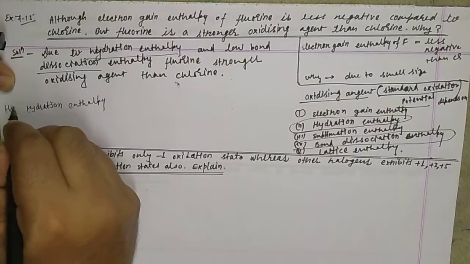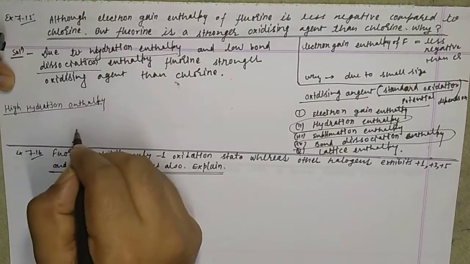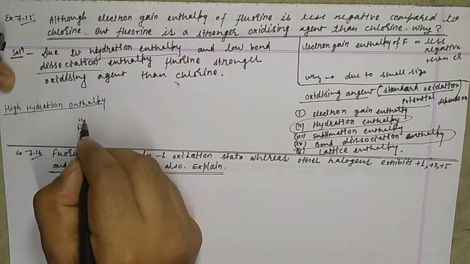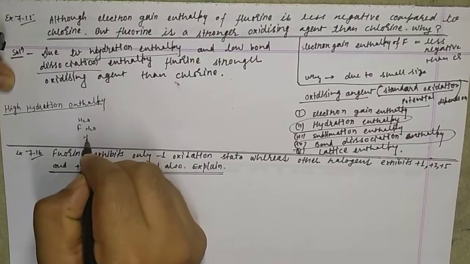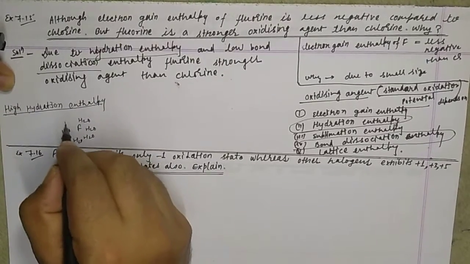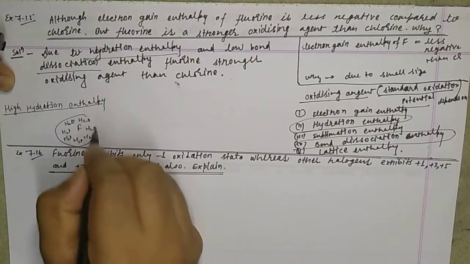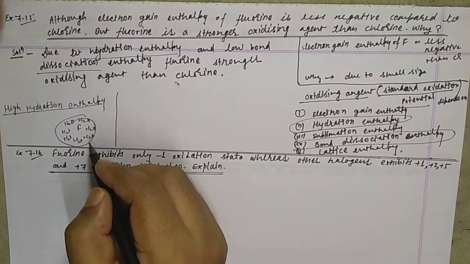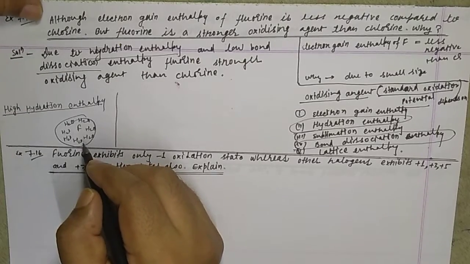High hydration enthalpy means what happens when you dissolve it in water. Fluorine has a small size, so it will be surrounded by many water molecules and easily hydrated. Compared to that, chlorine has a large size, so fewer water molecules will be absorbed.